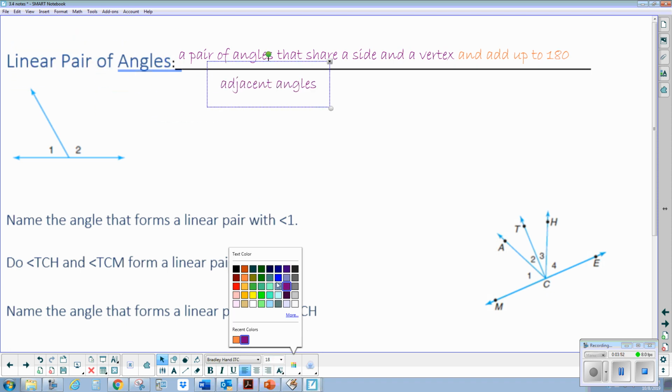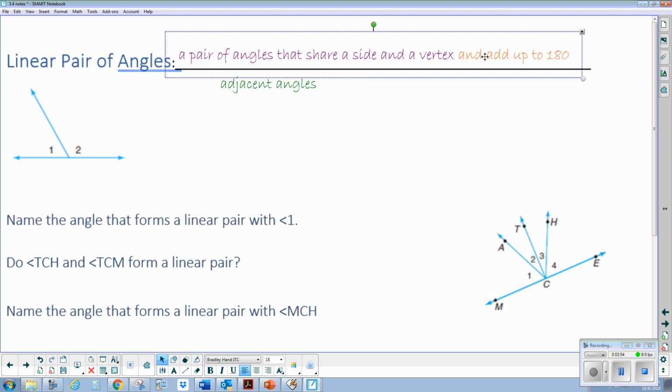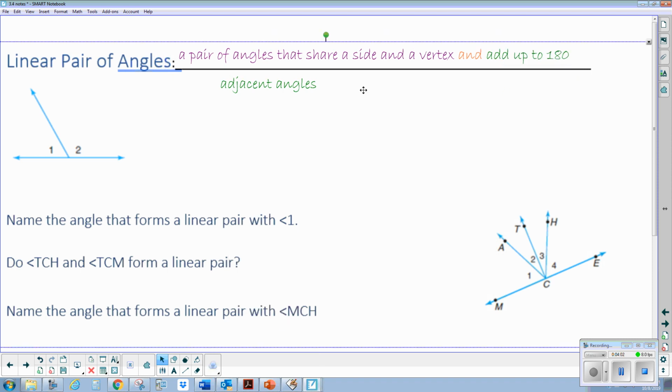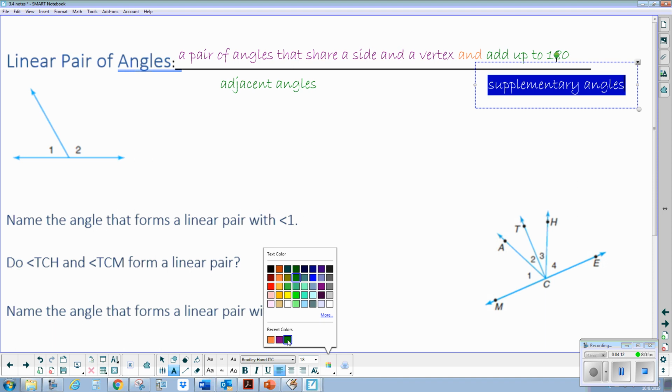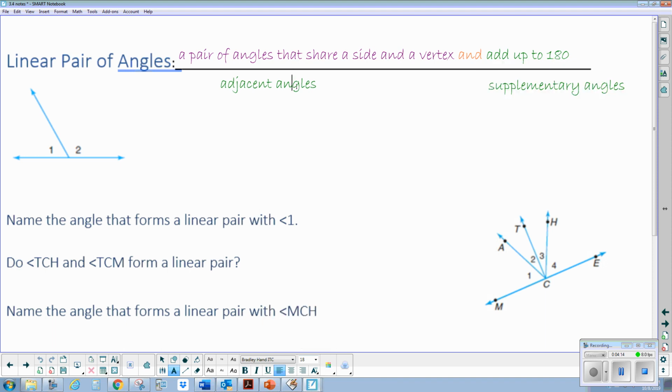And the second part says that they add up to 180, which is the definition we have for supplementary angles. So we can say that a linear pair of angles is a pair of adjacent angles that are supplementary.